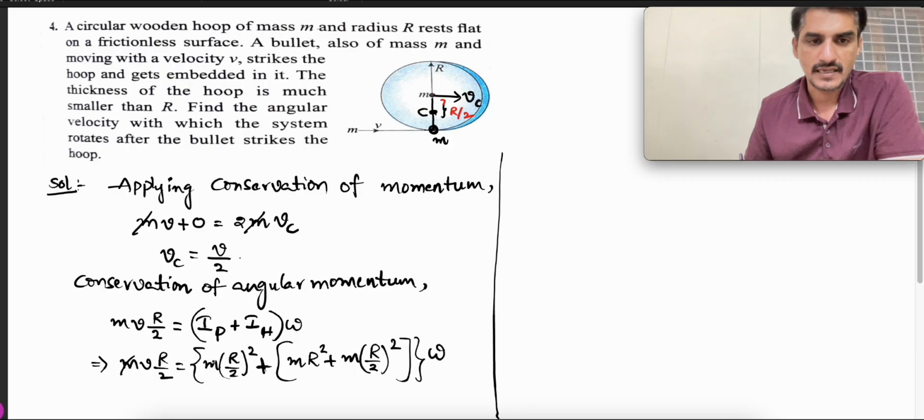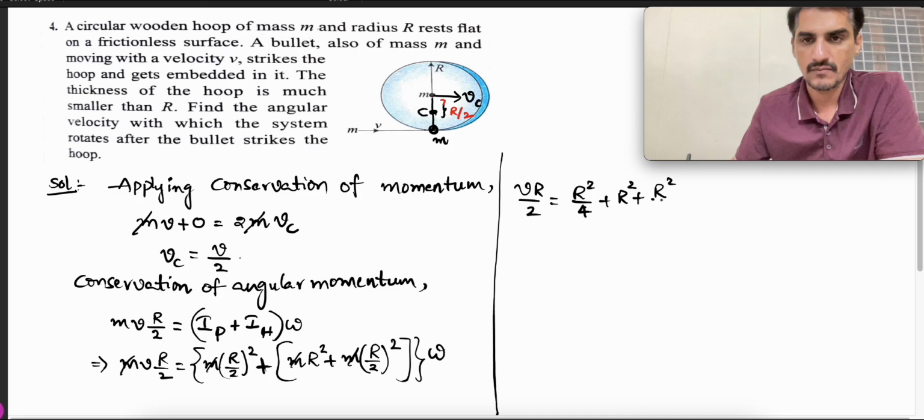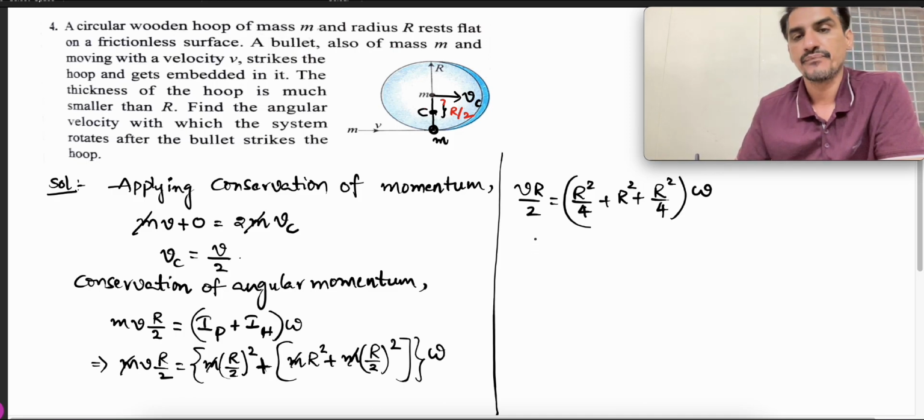both sides m is there, and I am going to cancel this m. Okay, v into r by 2 is equal to r square by 4 plus r square plus r square by 4 into omega. See, both sides r will also be cancelled, right?